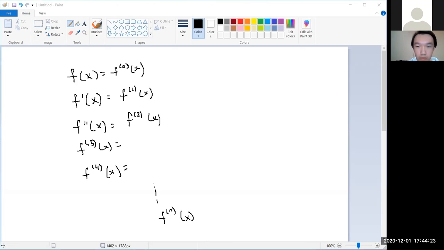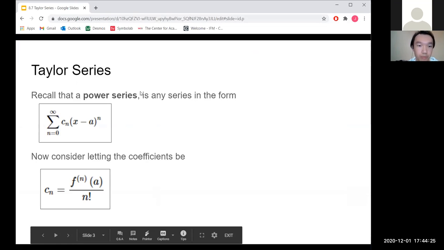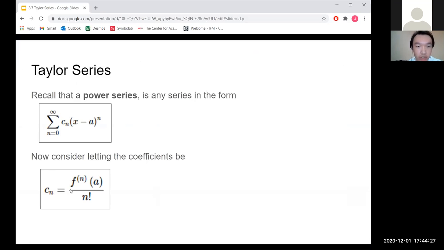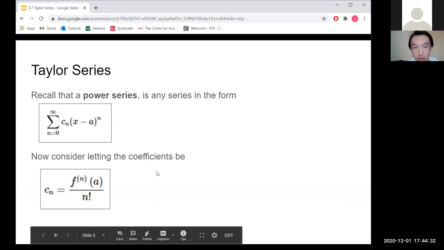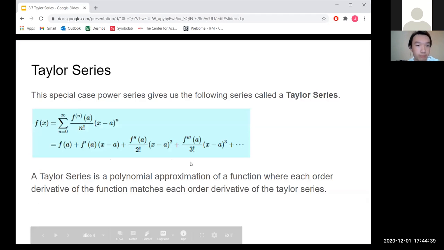All right, so now switching back to the PowerPoint. The coefficients are basically just the derivative at the particular center over n factorial, okay? So that's gonna be the new coefficient. Once you replace the coefficient with that formula, you're gonna get the following. You're gonna get the summation of f to the n of a over n factorial times x minus a to the nth power.